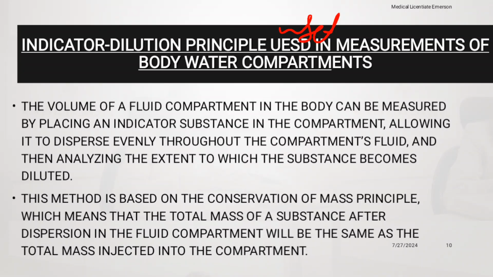This method is based on the conservation of mass principle, which means that the total mass of a substance after dispersion in the fluid compartment will be the same as the total mass injected into the compartment.